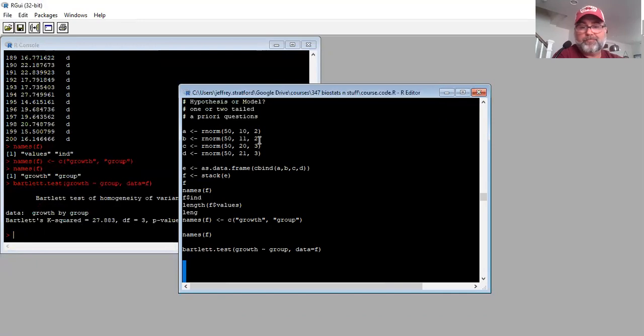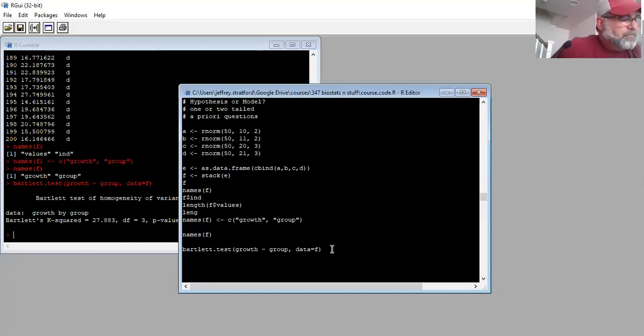Well, that's because if we look at how we defined our standard deviation, we made them pretty tight with 2 and 3, but notice they are different with very large sample sizes, 50. So these are different, so that doesn't surprise us, but we're going to just go ahead and move on and do the ANOVA anyway.